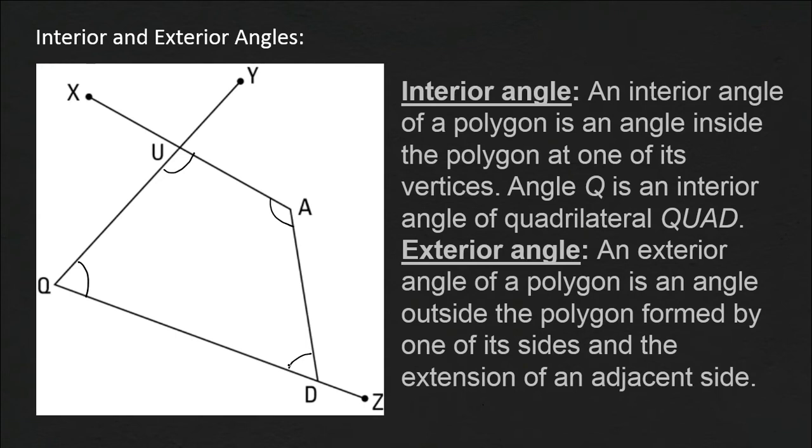For example, if we extend the line QD, when we extend it, here we have point Z. Now, if we mark an angle from point A D on this line QZ, this outside angle is an exterior angle because it's outside the polygon. So inside the polygon are all our interior angles, and outside the polygon will be exterior angles.